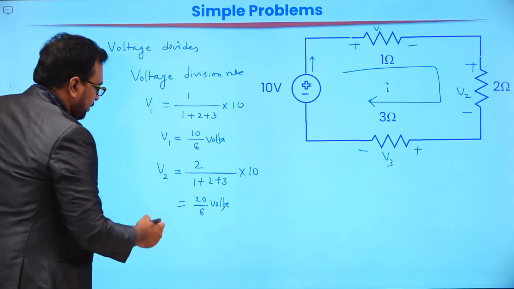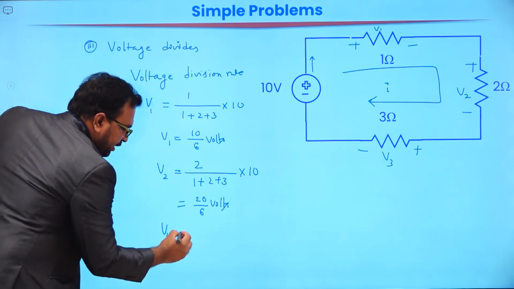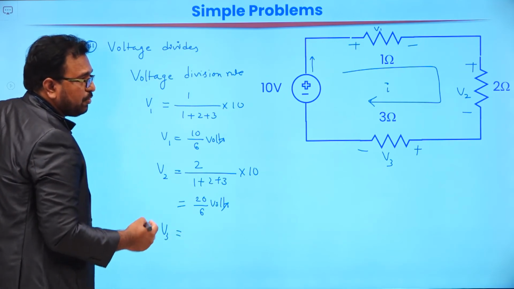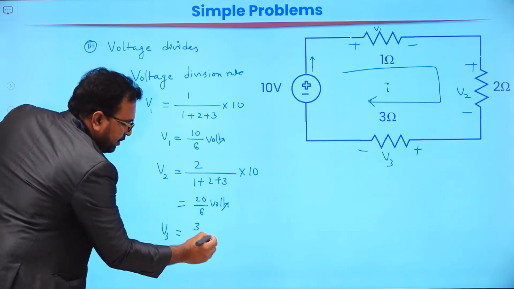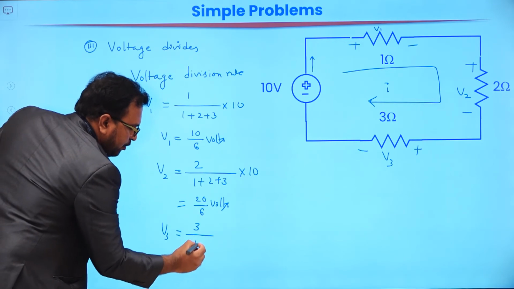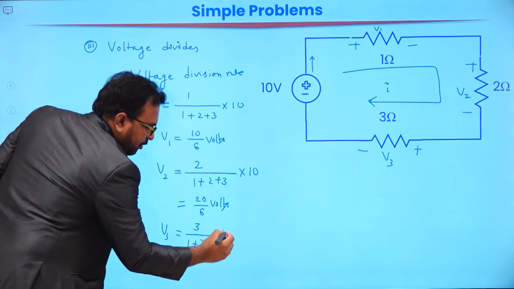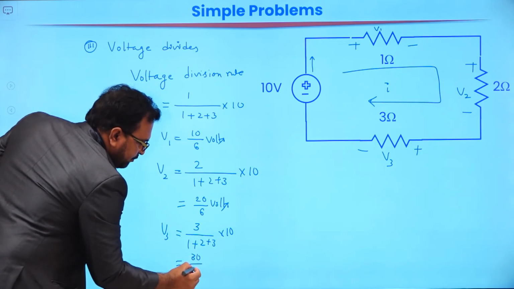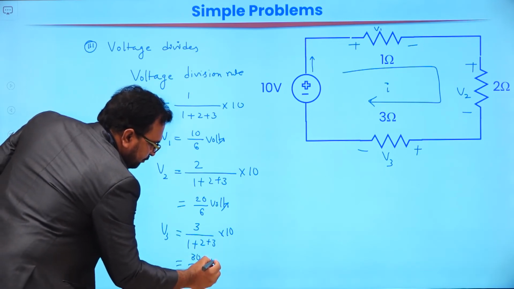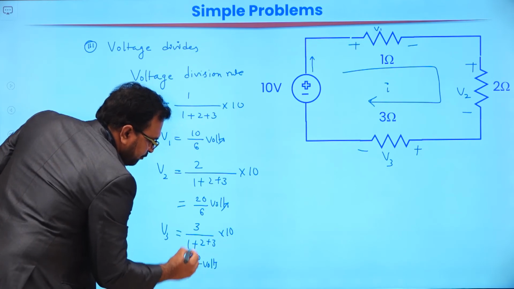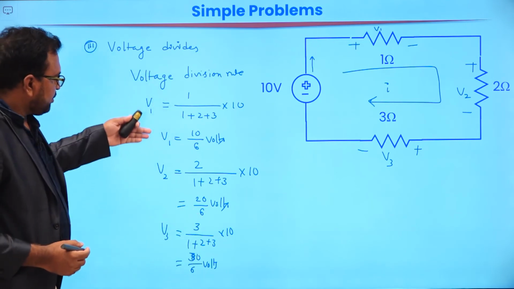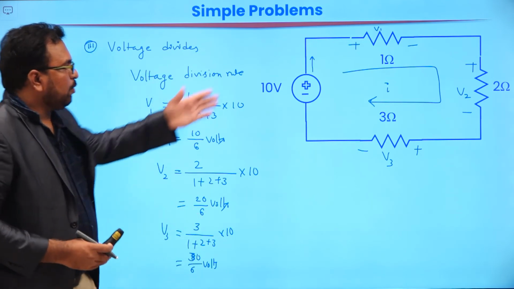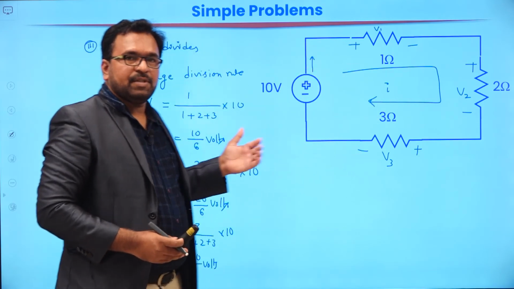Okay. Now the voltage across V3 according to voltage division rule is the resistance value itself divided by 1 plus 2 plus 3 into 10, which gives 30 by 6 volts. So this is how you are going to calculate the voltage across each resistor by using voltage division rule.